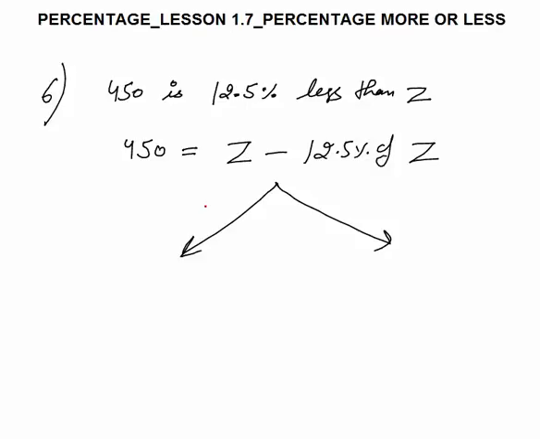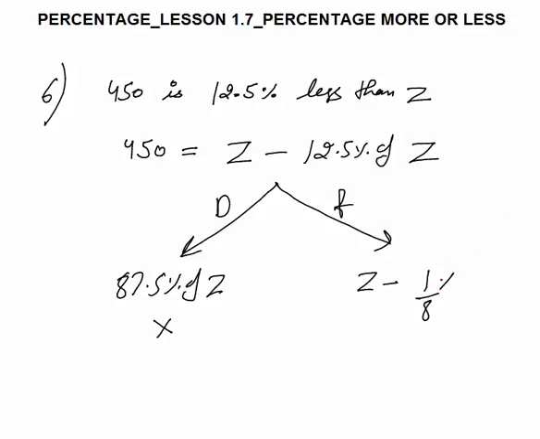So 100% minus 12.5 would be 87.5% of z. So this will be a bit complicated. So better to use the fraction method. So z minus, what is 12.5%? This is equal to 1/8 of z.